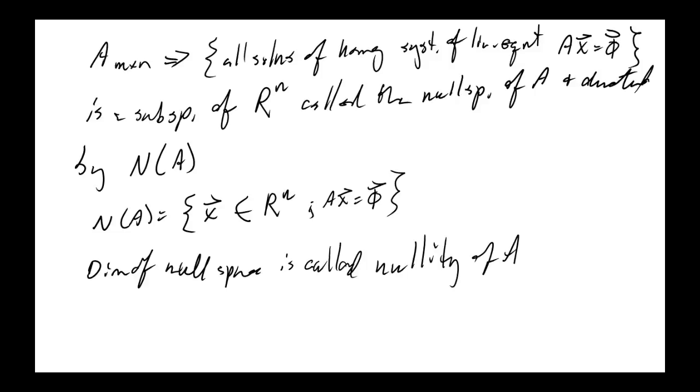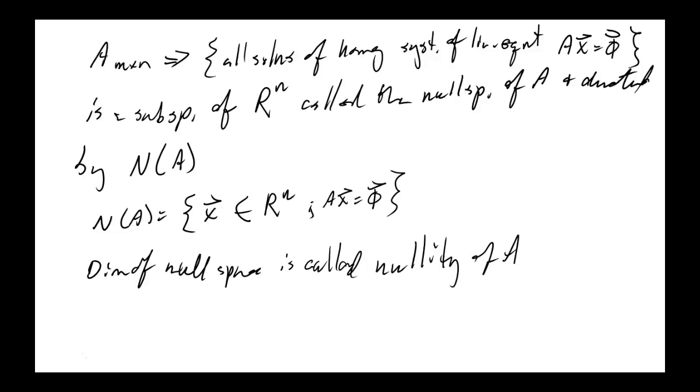Now, if the only solution of that equation was the trivial solution, which of course is a solution, there's always at least one, basically the x vector would be just 0, multiplying it by the 0 vector to get the 0 vector.